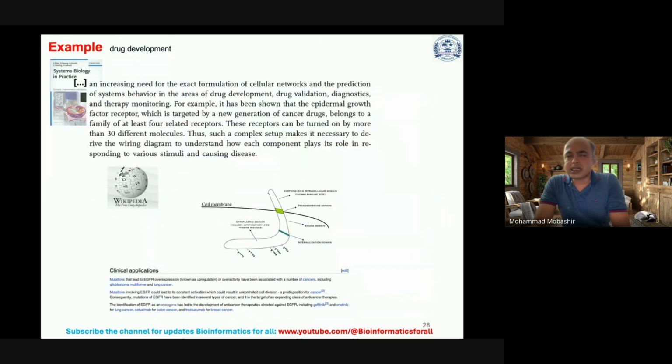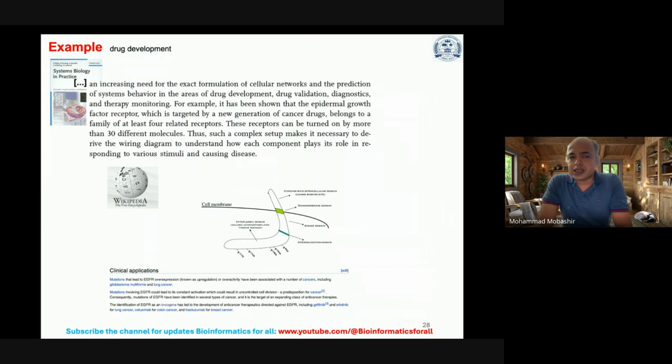Now there are some examples for drug development. I have given some realistic examples in the past lectures also, but here you can understand how systems biology is playing a crucial role in understanding drug development.